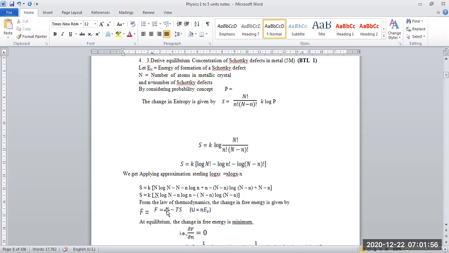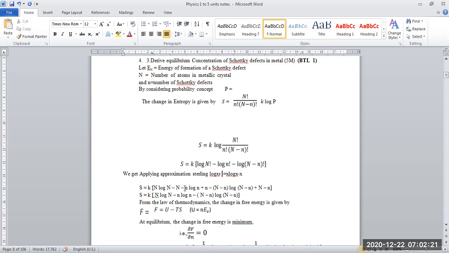So what is the ultimate term that you got? S is equal to k into N log N minus, see here, this minus N, you can see minus capital N and this plus capital N get cancelled. See, this can be cancelled out. So minus N and plus N get cancelled out. First term.